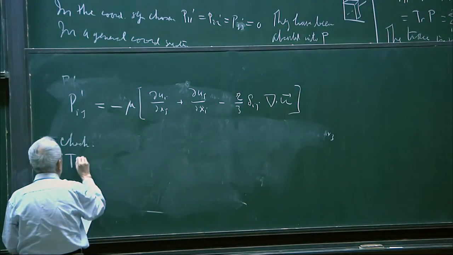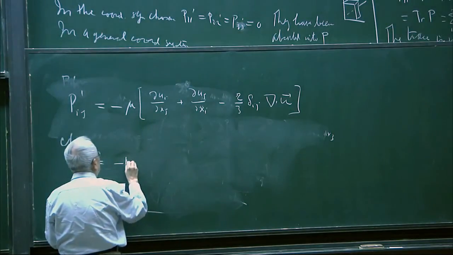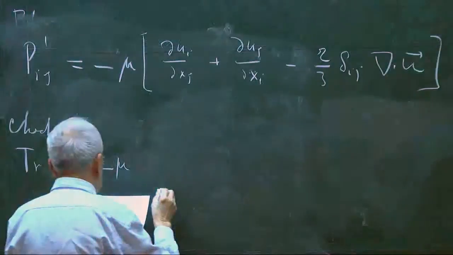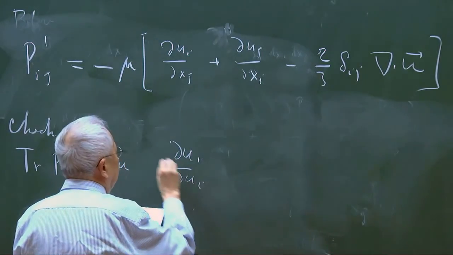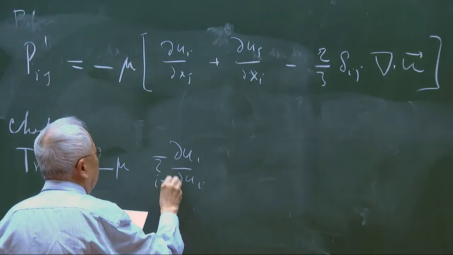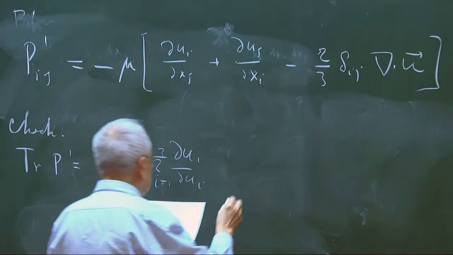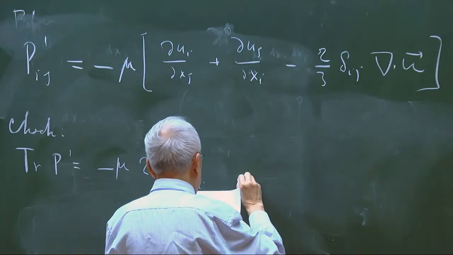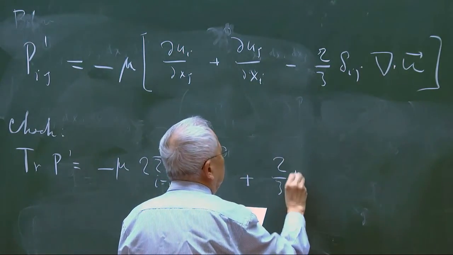The trace of P prime is equal to minus mu times du_i/dx_i, sum i going from 1 to 3, times 2, because I have two of them, and then plus 2/3 mu.